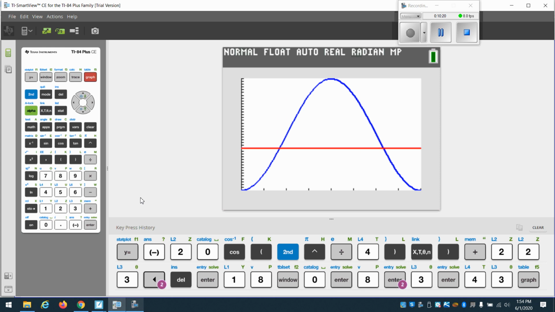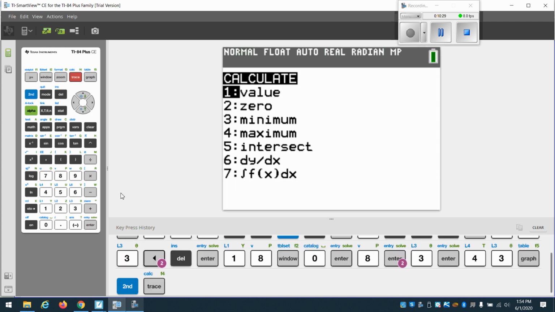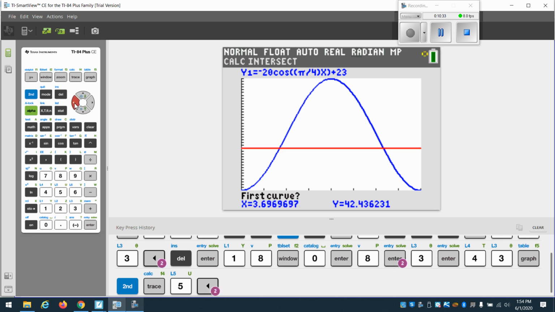Okay, here's the graph. So now we have to find these two intersection points. So we go second trace, number 5. The cursor's at the top, so you want to move it all the way close to that first intersection. Enter 3 times, and you get 1.7 minutes. Okay, 1.7 minutes, just jot that down. Then we have to do the other side.